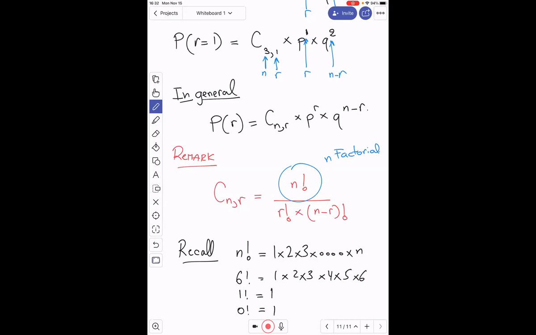All right. So today, what we're gonna do, guys, we're gonna try to practice a little bit. We're gonna have a couple of exercises, and we're gonna try to apply this formula, right? To compute this probability of R successes, of course, you can use the calculator, or there is a table in the formula sheet.